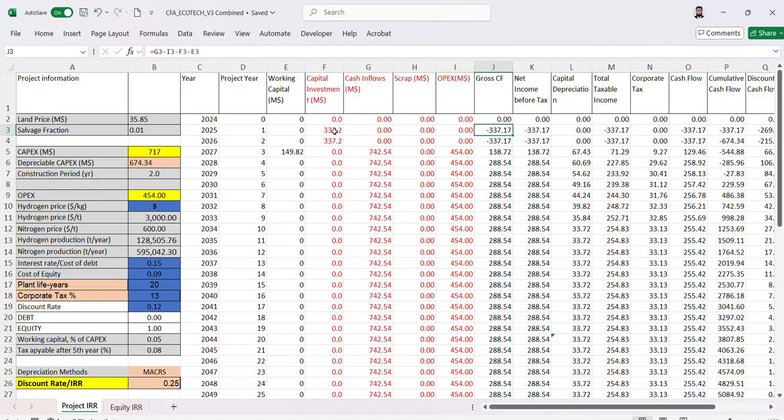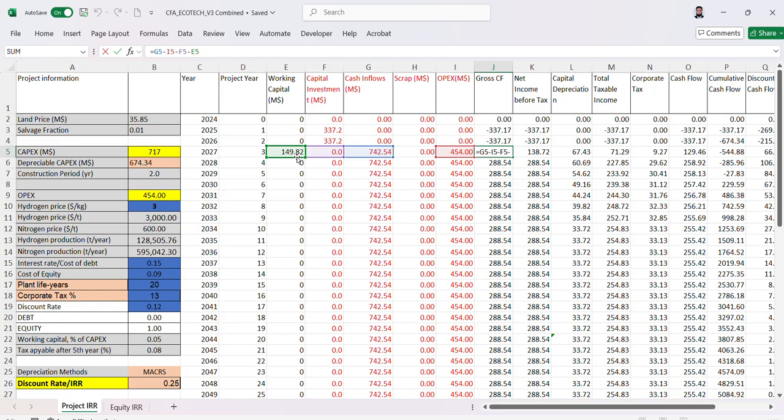So gross cash flow, as you know, we did the capital investment in the first year and second year. So this should be negative because this is the investment, and then we generated revenue in the third year. You know how to do the revenue calculation, which is G5, our working capital.